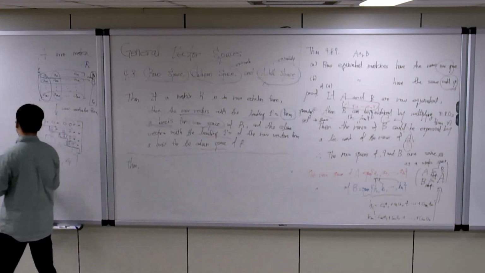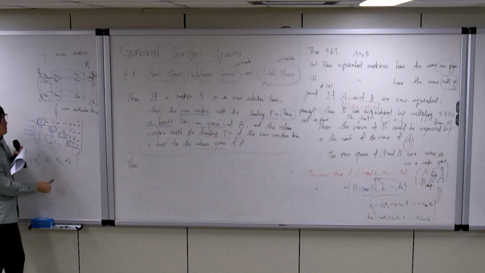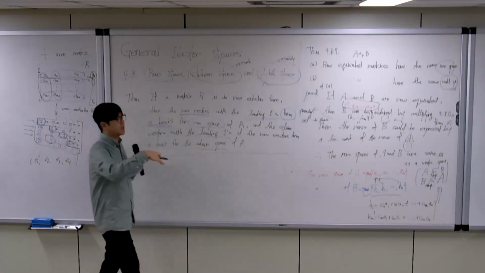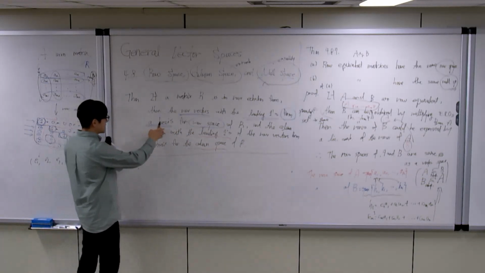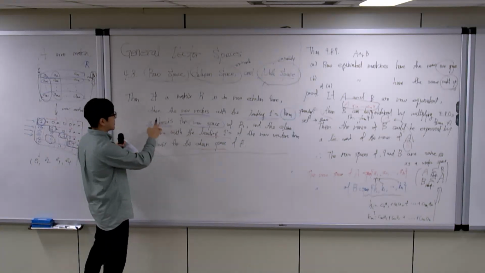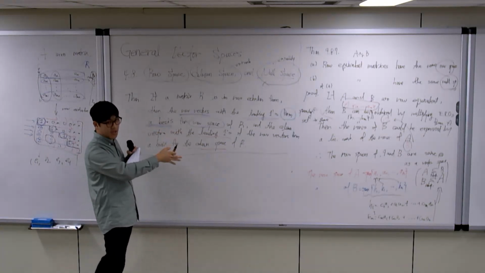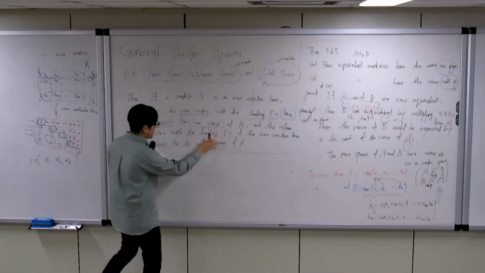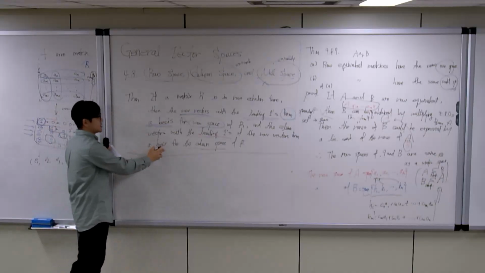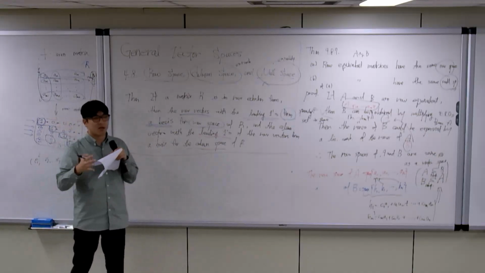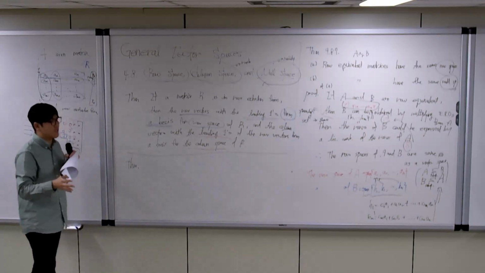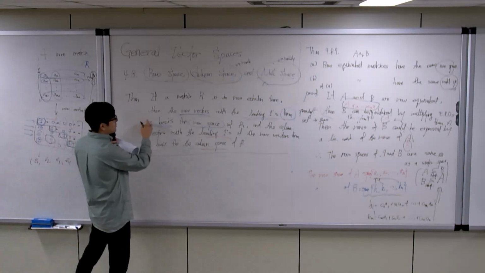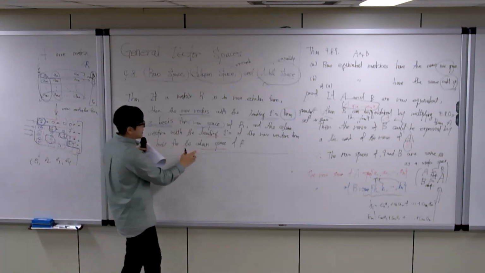When you see the previous theorem, the leading ones always give the basis of the row space, and additionally, the leading ones also give a basis of the column space. That means the number of leading ones will not change, so the dimension of the row space and the dimension of the column space will be the same.